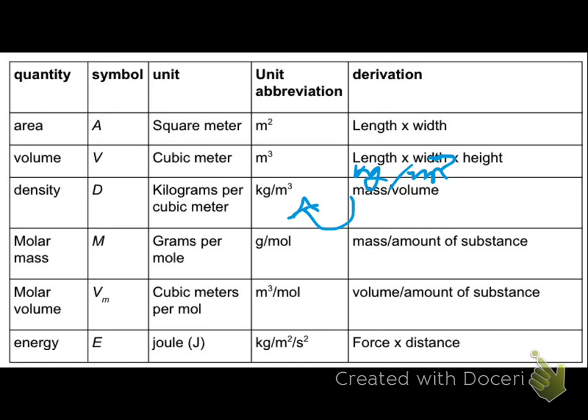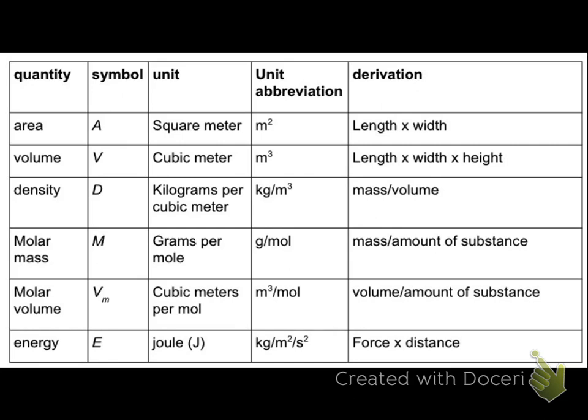Then we have molar mass. When we learn about moles, we'll talk about what a mole is, and when you are taking the mass of a substance in grams divided by the amount of that substance in moles, you'll get a unit of grams per mole as your derived unit. And then the same would be true for molar volume.